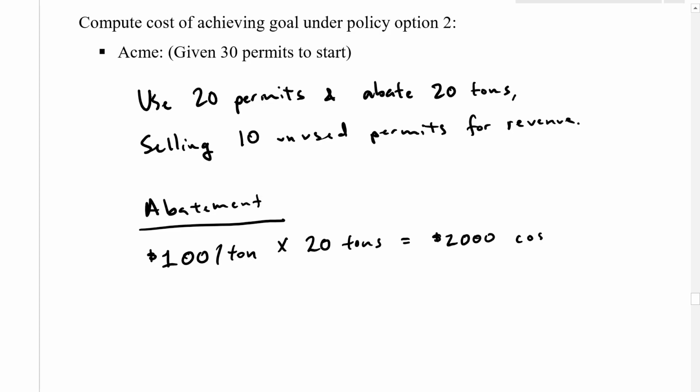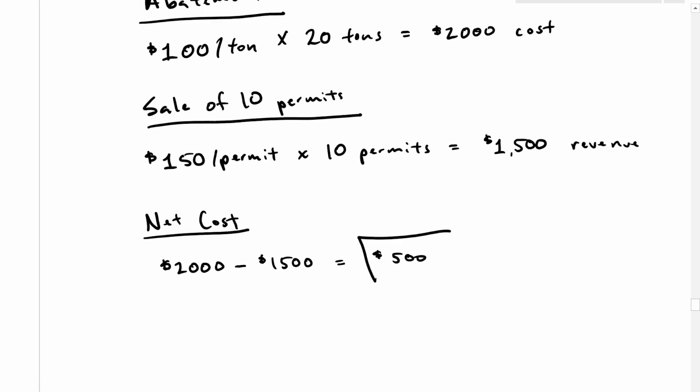And so their net cost is going to be their $2,000 cost minus the $1,500 that they made in revenue, for a total cost to Acme of $500. Okay, so we're going to have to keep this number in mind. We'll come back to that.